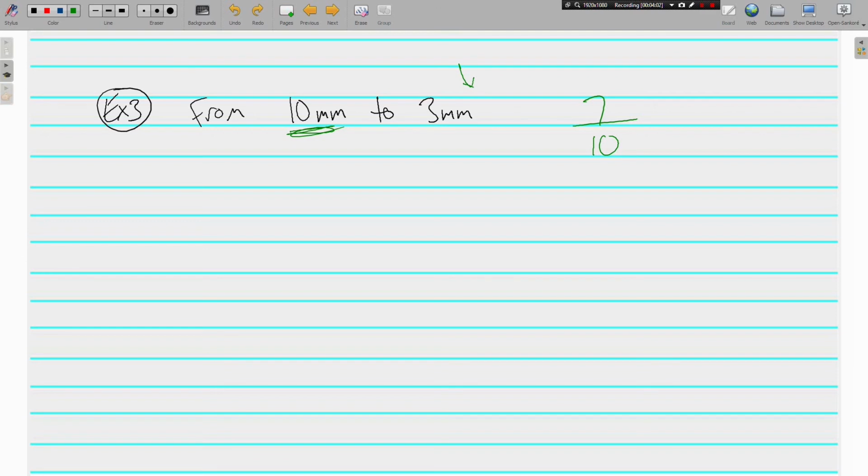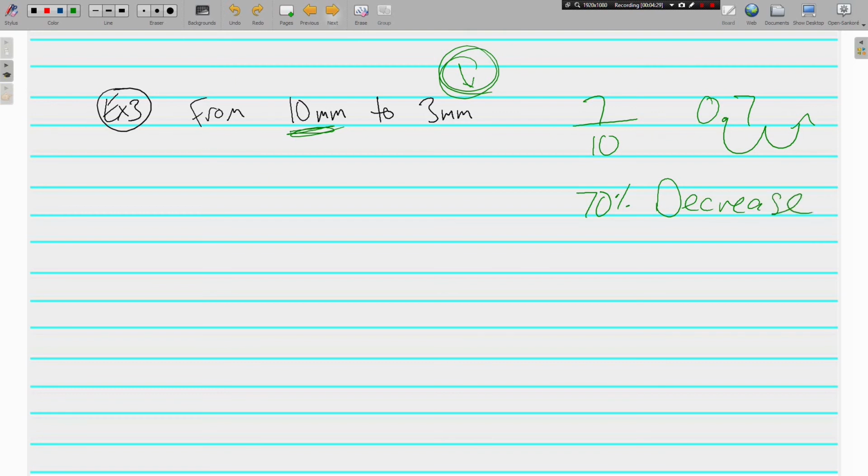And as a decimal, 7/10 is 0.7. But we need the percent, so we go twice to the right, and that gives us 70%. And again, going down, a 70% decrease.